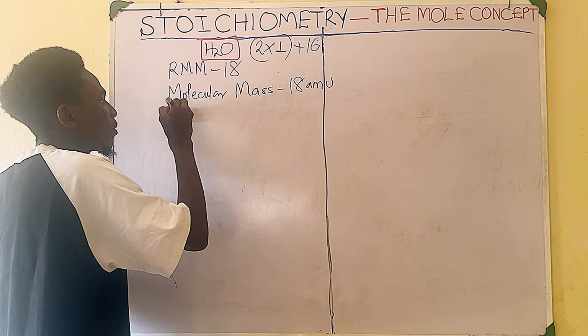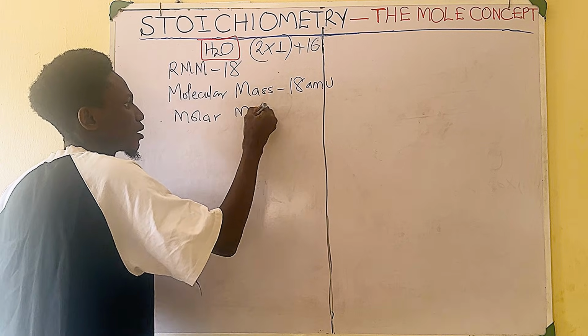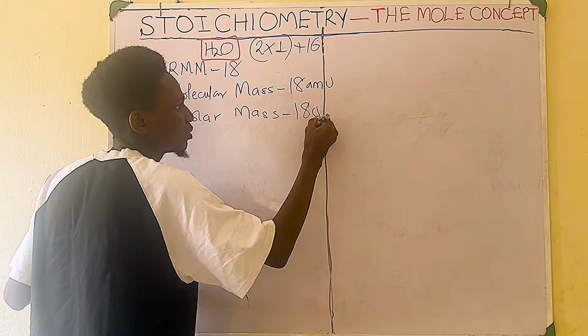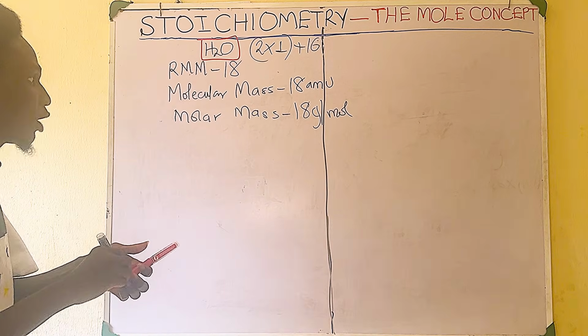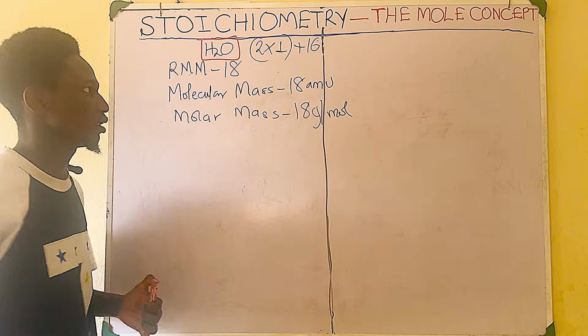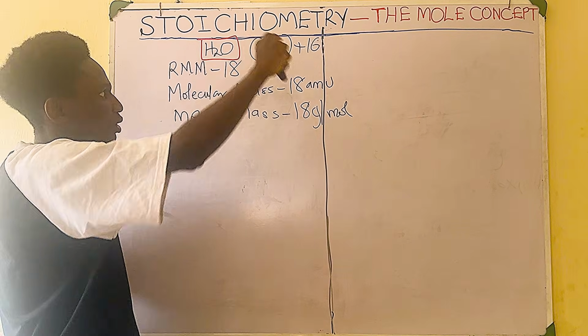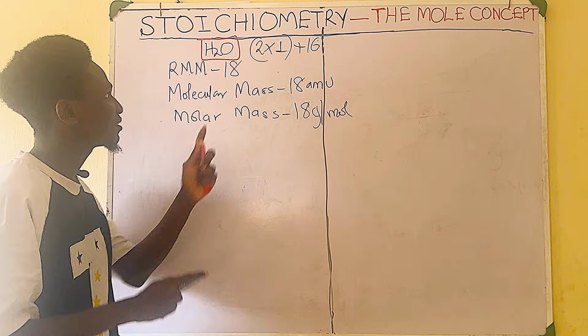Then we have our molar mass as 18 gram per mole. So you see now, they all have the same numerical value of 18. If you calculate the individual composition here, add up the relative atomic mass, you're going to get 18. The only difference is that this one does not have units.